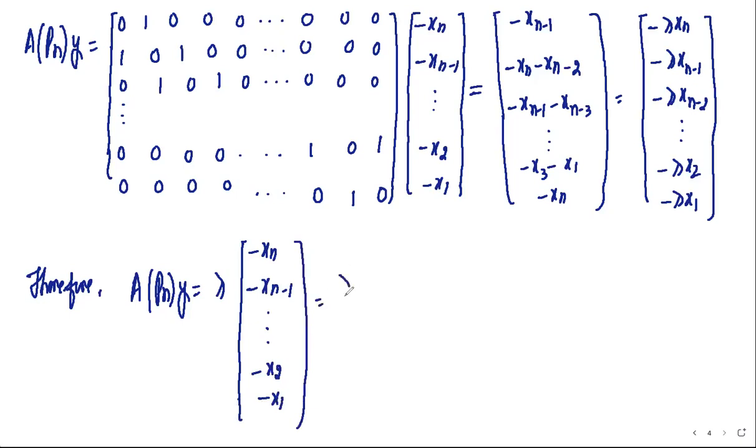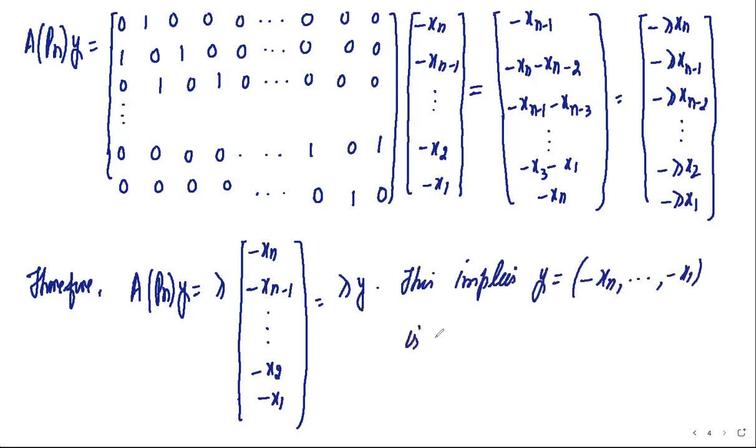Therefore we can write this equal to lambda times y. And this implies that y, which is defined as minus xn to minus x1, is also an eigenvector of Pn corresponding to lambda.